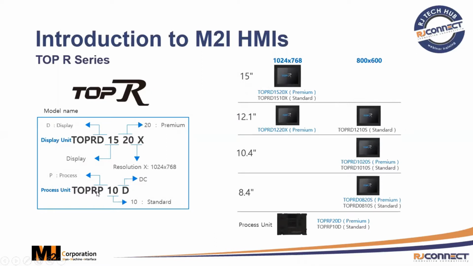So that would be top RP, and then your type of model, standard or premium, and then a type of input that you would have with that unit. The resolution is specified by X. So as you can see here with the 1520X, that's a premium model that would have a higher display resolution. And the S versions have an 800 by 600 display resolution.